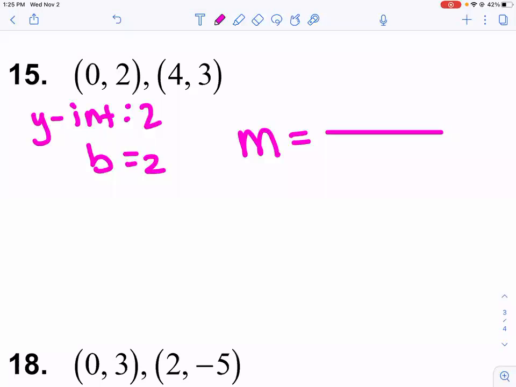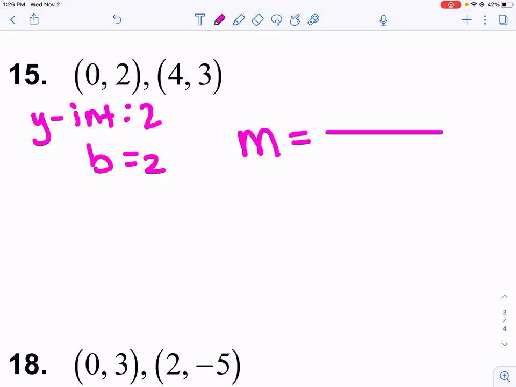Even though I asked you to do 15, regardless, finding slope is the same. We have rise and run. Which one corresponds to x and which one corresponds to y? Oh, so if I want rise over run, then I need to subtract what up here?